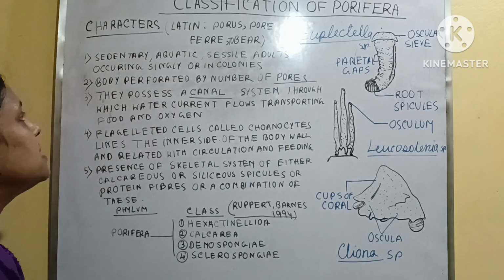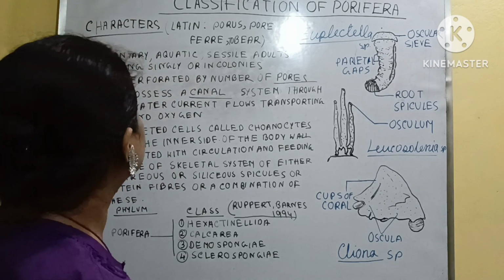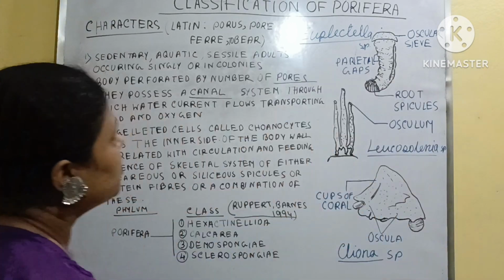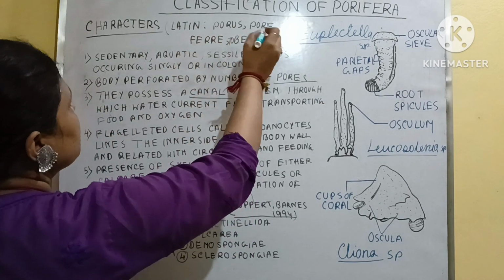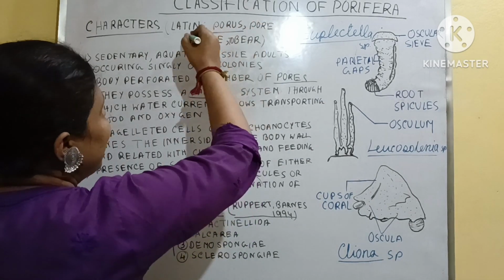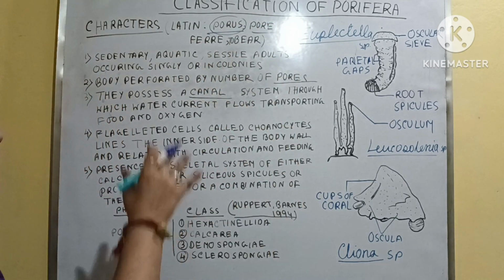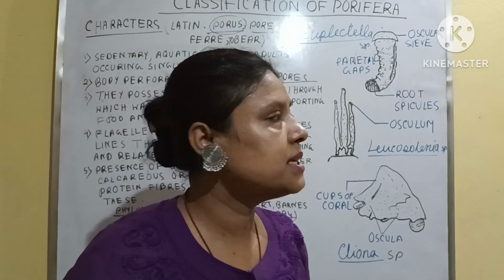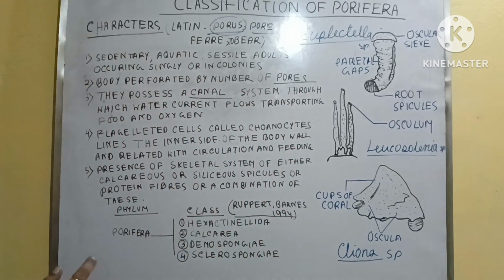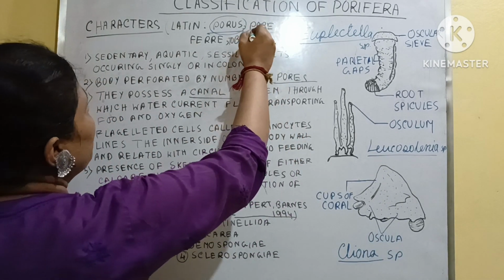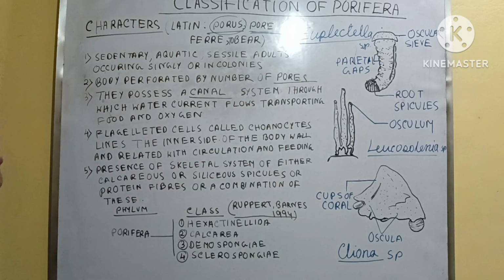So this is the classification of the Porifera. First of all, why Porifera? Pori means porous. Porous is the Latin word that means pore. These animals are invertebrates, and generally they have many pores in their body.